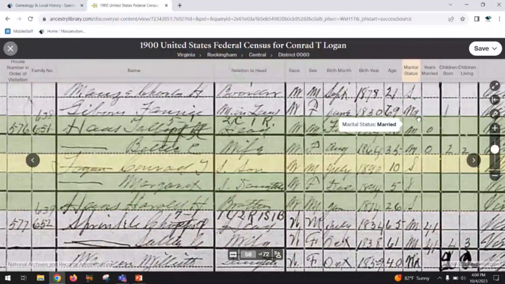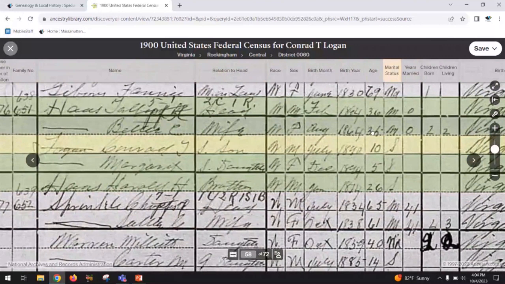So they probably were married sometime in early 1900. So we can make a note of that and then go back and see if we can find a marriage record. And then we would know to probably look for a death record for John Logan before 1900. There's always the possibility it was a divorce, but at this time in history, it's more likely he died before 1900.